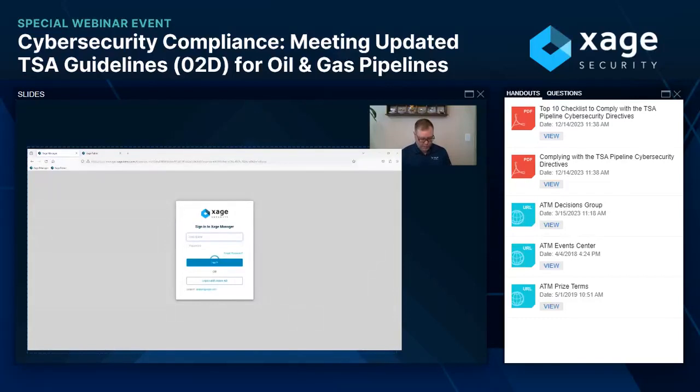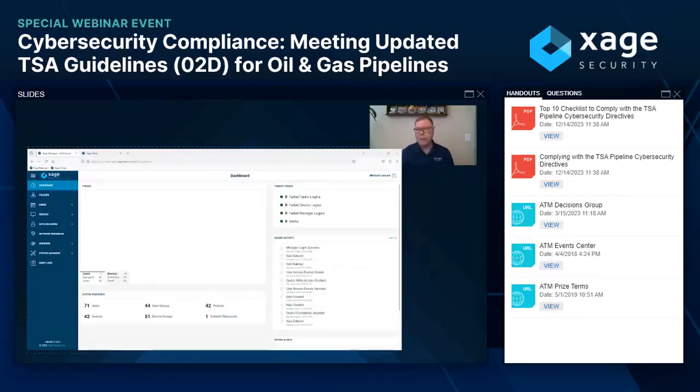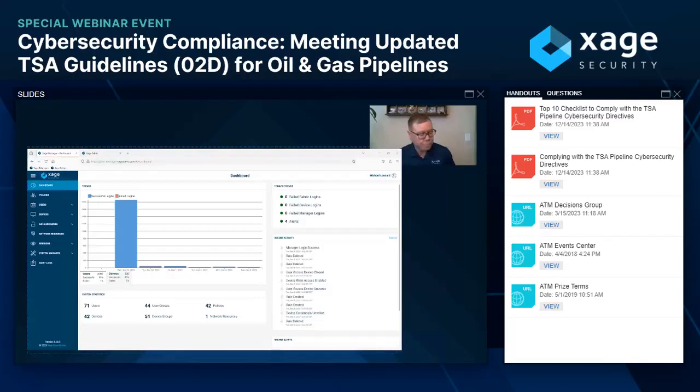I need to get my multi-factor code here. And this is all internal to Xage. So although we can integrate with other types of MFA, we can also do it completely internally to us.